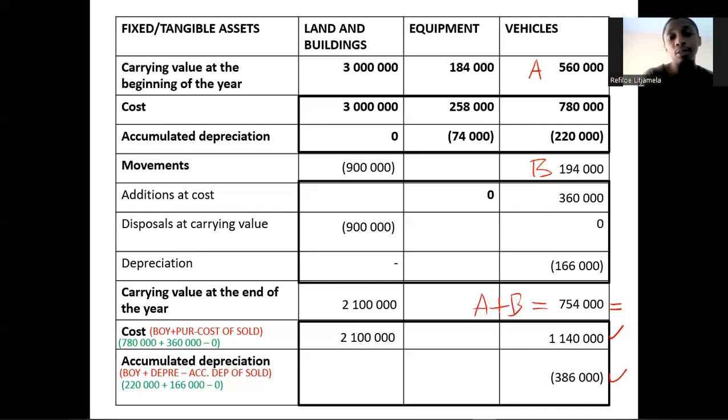Let me just check to make sure that everything is correct. It's 560 plus 194. It does give me that 754. What if I take 1,140 minus 386, and that still gives me 754,000.